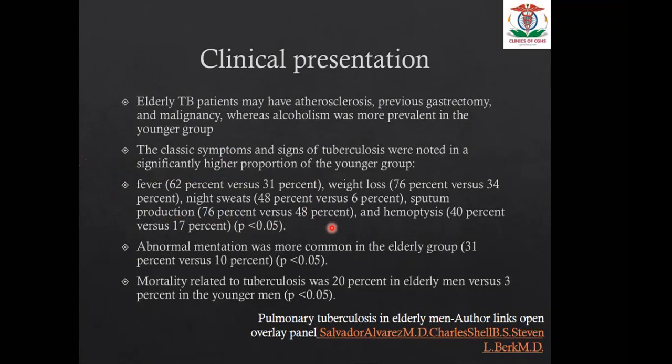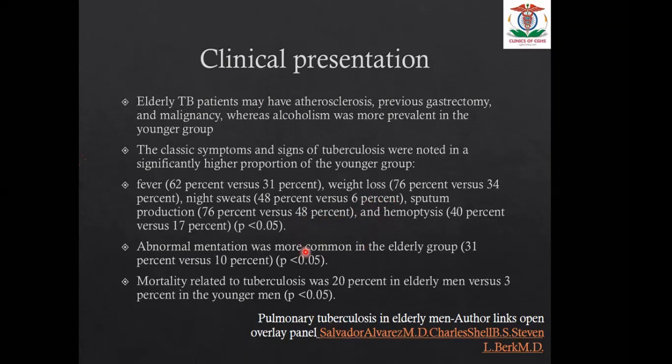Night sweats, a very interesting topic because not all patients will present with night sweats, though when it is there, we have to consider it. 48% in younger, whereas only 6% in elderly patients. This sweating is more commonly seen in the HIV group where they present with extrapulmonary TB. Sputum production, 76% in younger versus 48%. And hemoptysis is less likely to be seen in elderly patients.